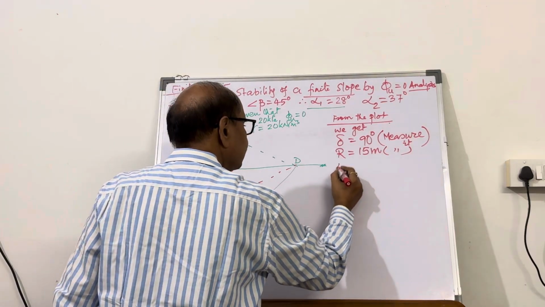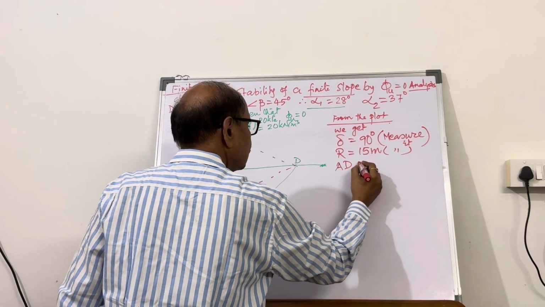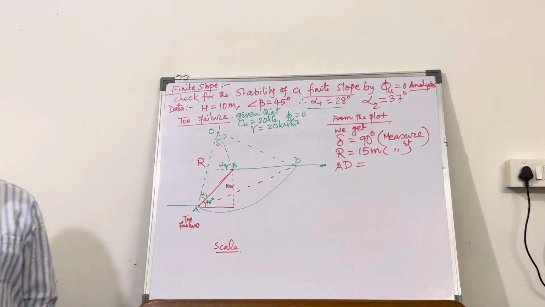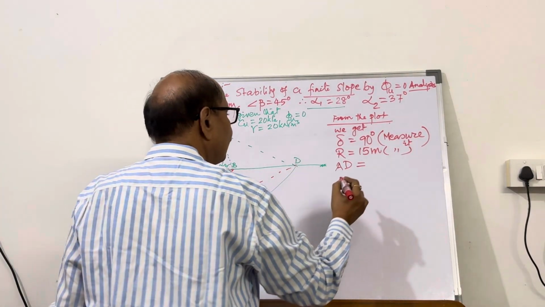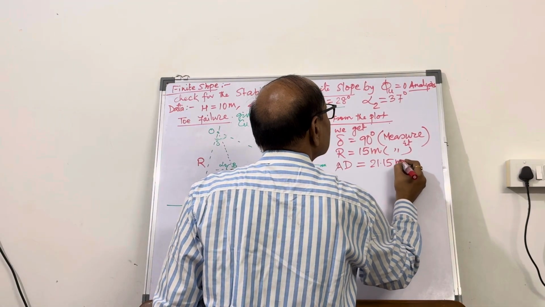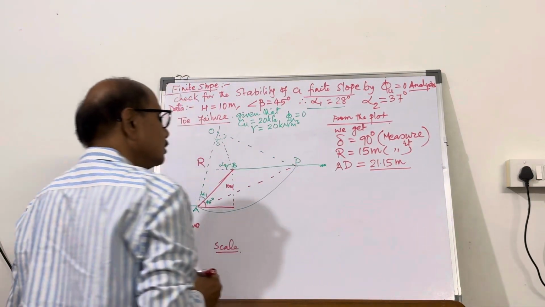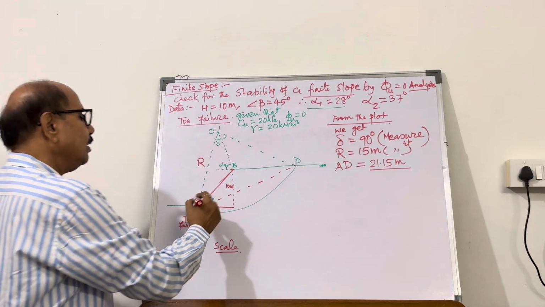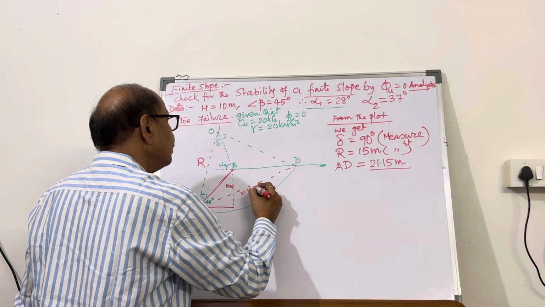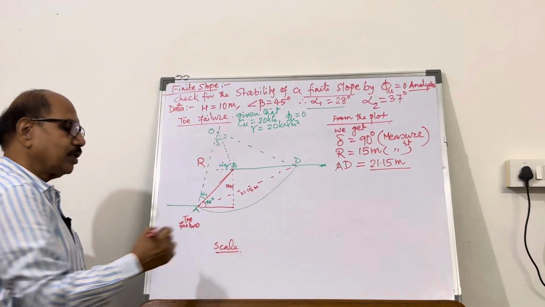And measure AD also. So AD is going to be equal to 21.15 meter, to a suitable scale.